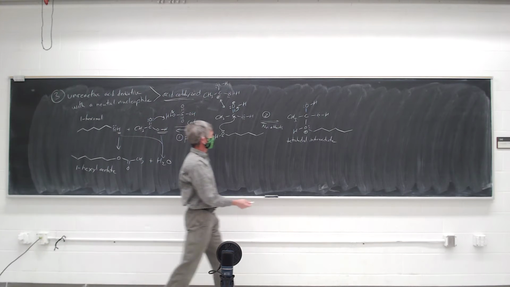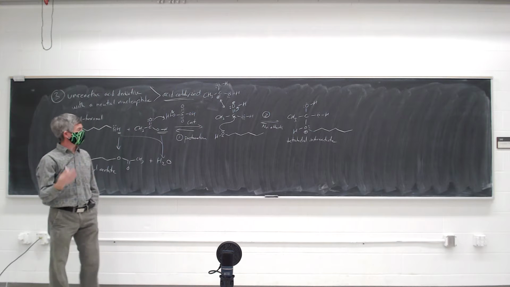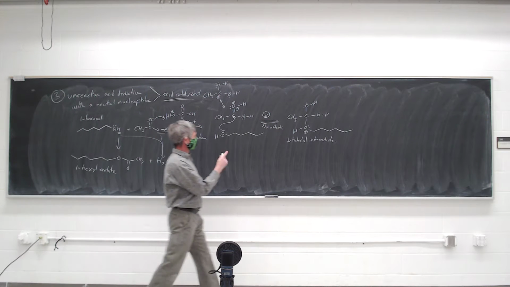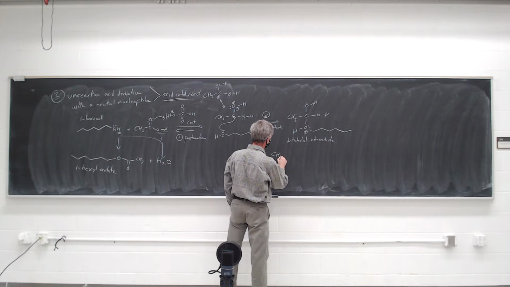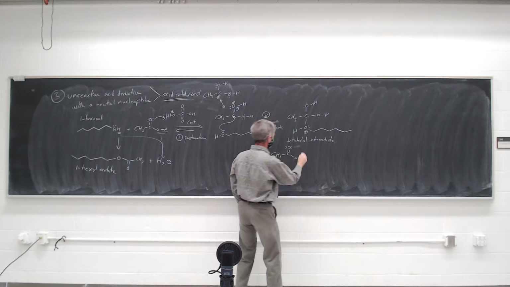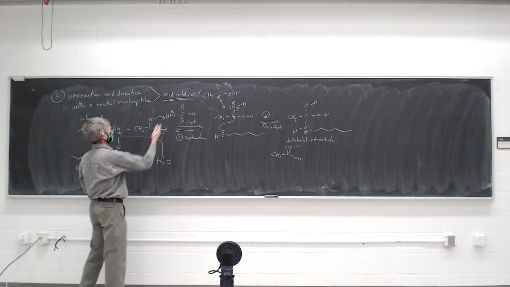To lose water, we need to have OH2 plus. So we need a proton shuttle, somebody to move that proton around, and the logical proton shuttle to use in this case is acetic acid, because we've got an excess of acetic acid present. We don't have very much sulfuric acid.